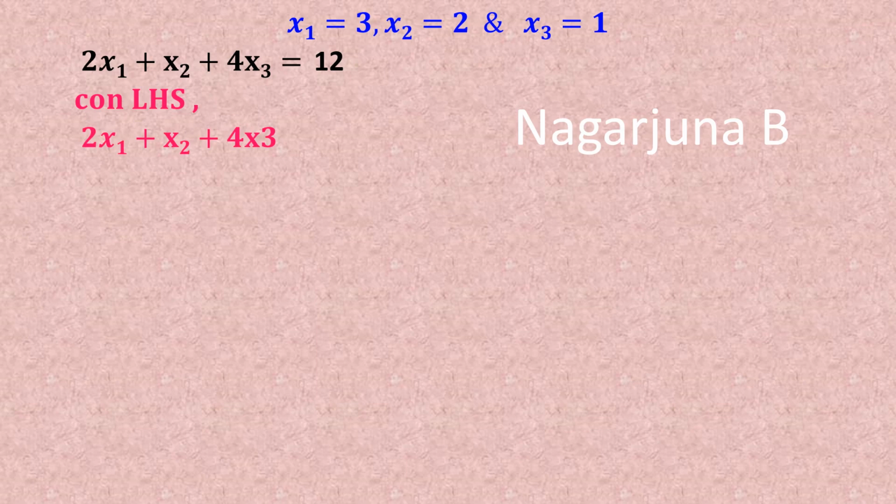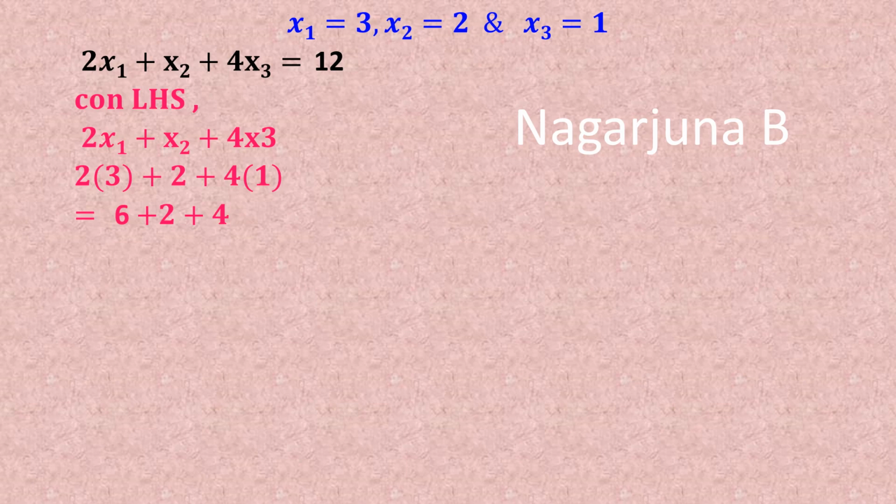So 2 into 3 is 6, so 6 plus 2 plus 4 into 1 is 4. 6 plus 2 is 8, 8 plus 4 is 12, equal to 12. Therefore LHS is equal to RHS. That means the values we have got are correct according to the first equation.